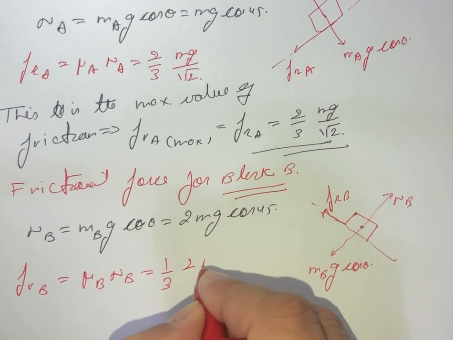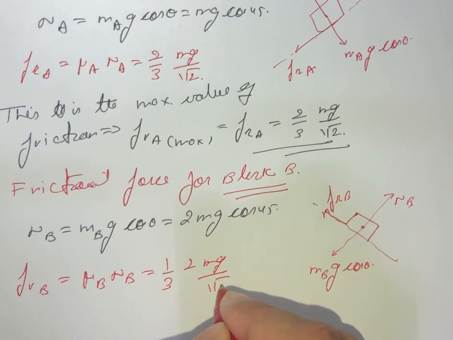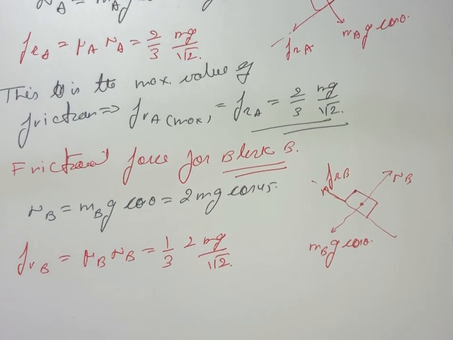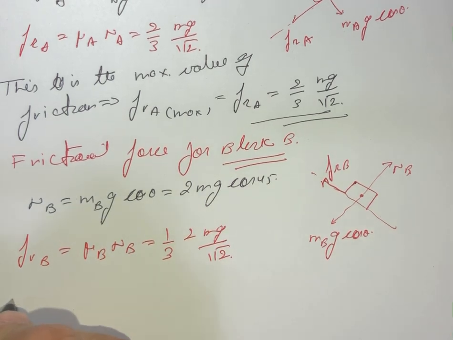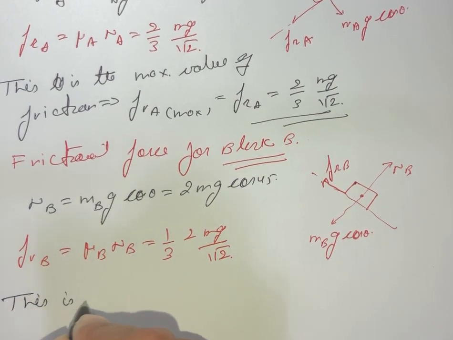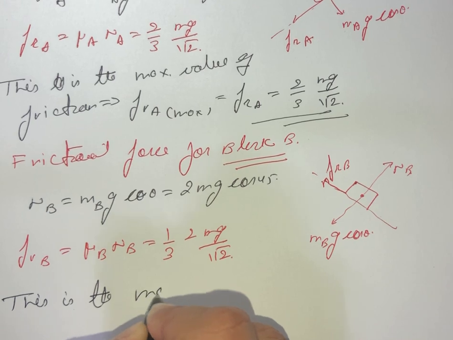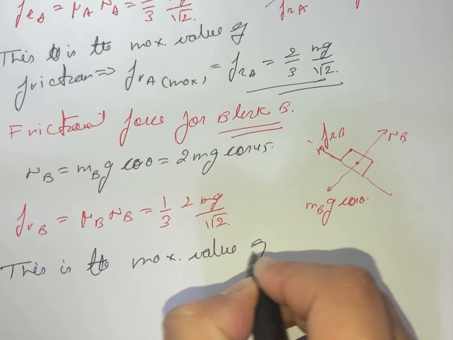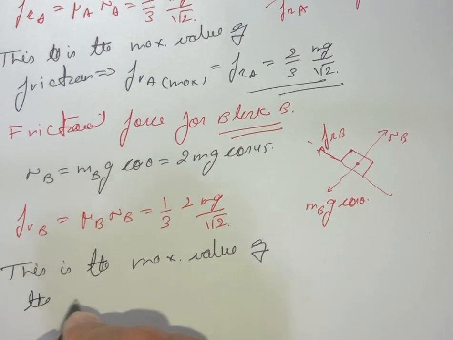So this is 2mg divided by square root of 2 times 1 by 3, and this also is the maximum value of friction.